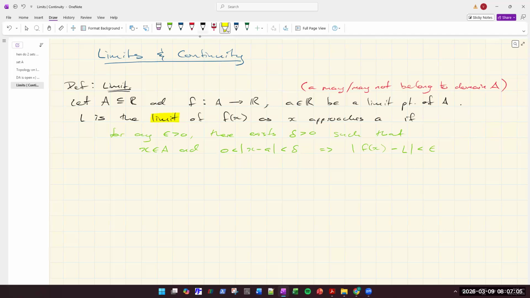So how does that change when we go to talk about continuity? Continuity or continuous. So again, the setup is the same. So let A be a subset of R and f be a mapping from A to R. This time we're going to say let A belong to the domain. Right?